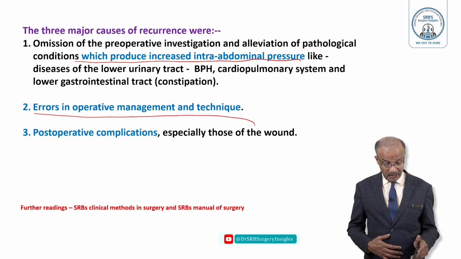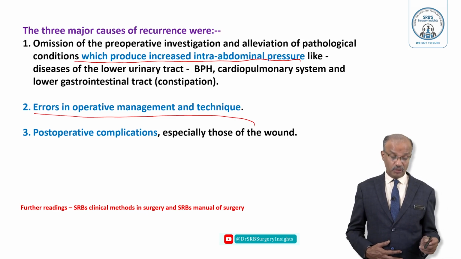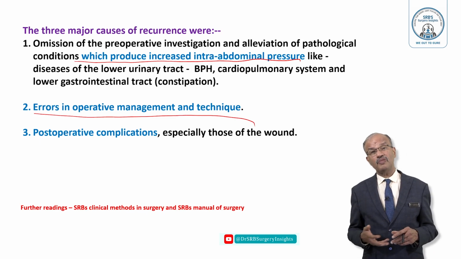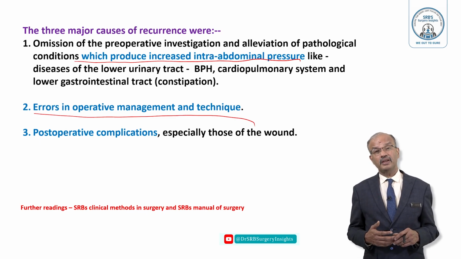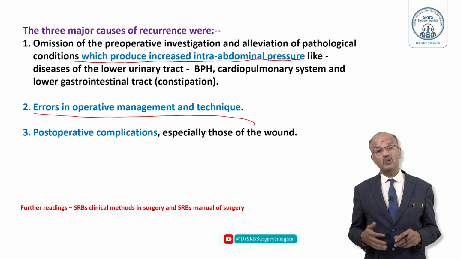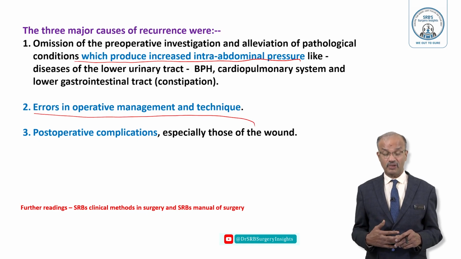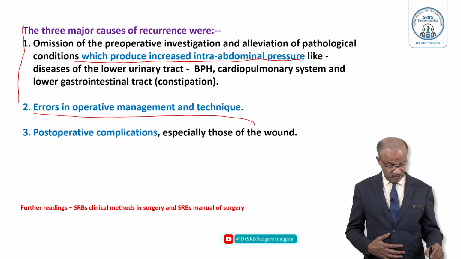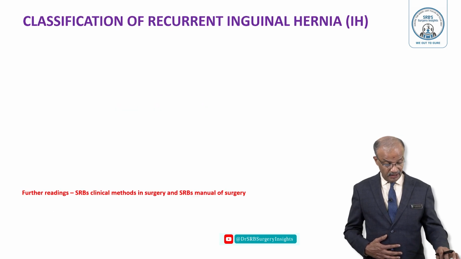These errors can be rectified with proper care and skill. Third, postoperative complications: infection, postoperative cough, respiratory problems, bronchitis, hematoma, seroma formation, mesh extrusion, mesh not taking up, and mesh reaction. These can cause recurrence. These are the three major factors for why recurrence can occur.